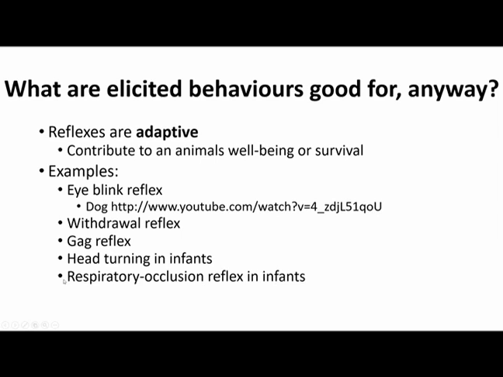This respiratory occlusion reflex in infants is actually a really neat one. For whatever reason, I didn't know about this one until fairly recently, I guess once I started teaching about learning. But if an infant ever has restricted airflow, say they have a blanket over their face, or they have trouble breathing, they have this reflex where they pull their head back, they move their hands, and they'll try and cry.